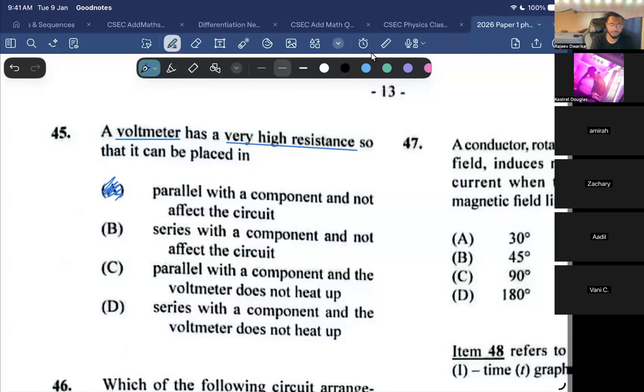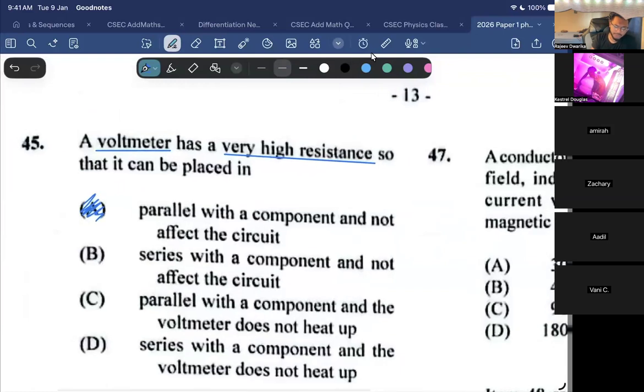And I want a high resistance so it wouldn't do what to the circuit? So it wouldn't take any current from the circuit. Yeah. So long story short, it must have a high resistance so that it wouldn't affect the circuit. So 45 is A.